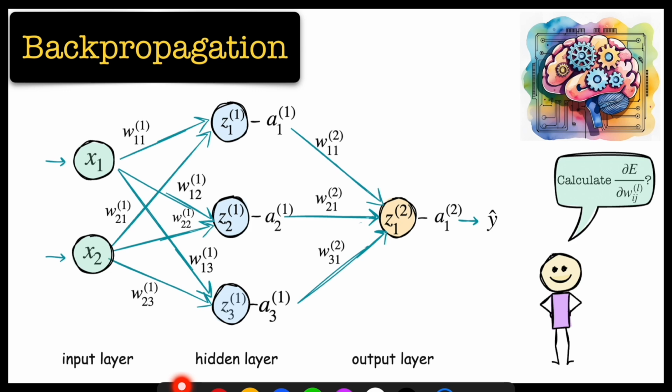So this is the neural network we have, and we have to calculate del E del W1JL for each weight. How do we get this error E first? We calculate this y hat, which is the predicted output.